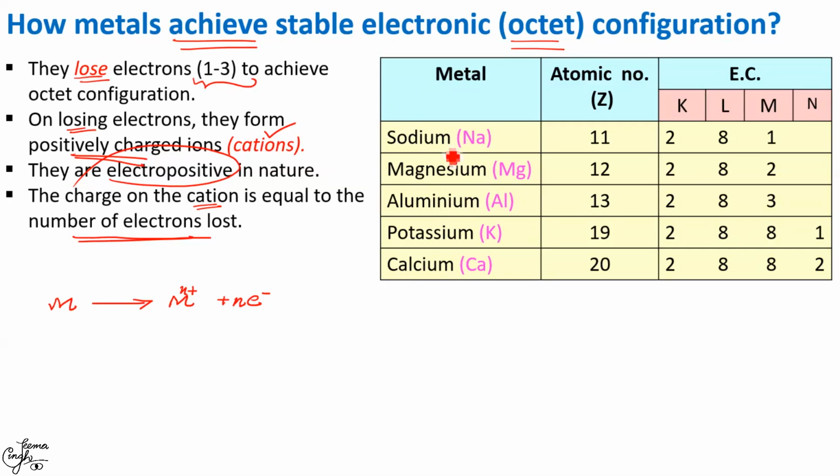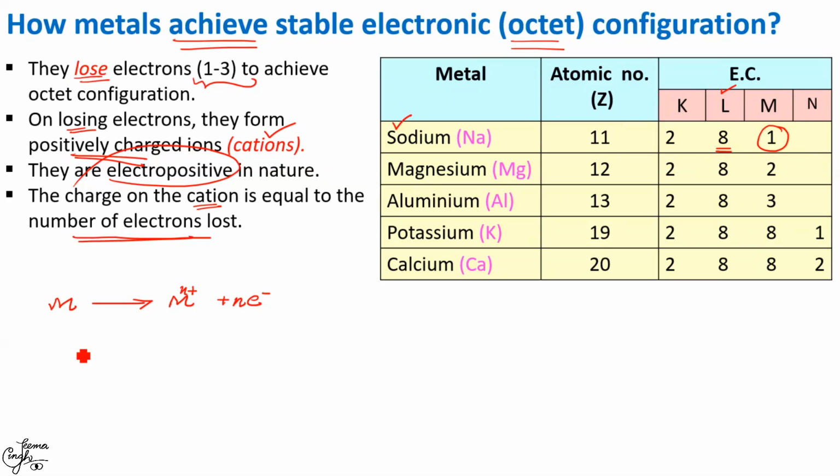Taking examples, consider sodium. Sodium has atomic number 11 and its electronic configuration is 2, 8, 1. Now if you look carefully, if sodium loses this valence electron, the L shell will become the valence shell once this one electron is lost. And now this L shell has its octet complete, so the sodium cation will become stable.